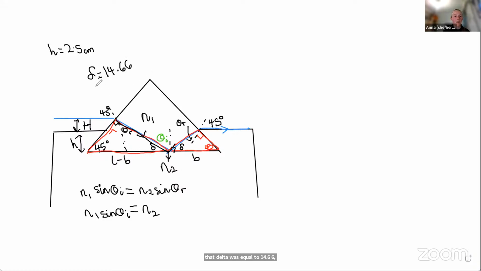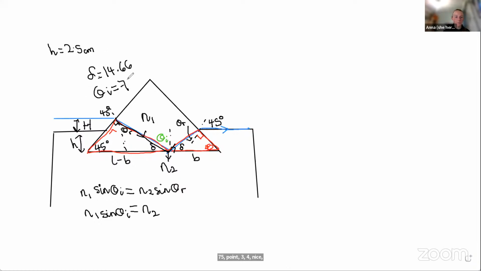So again, in the chat, who can tell me what theta I is here? 75, yep, to 2 decimal places, maybe. 75.34. Nice.